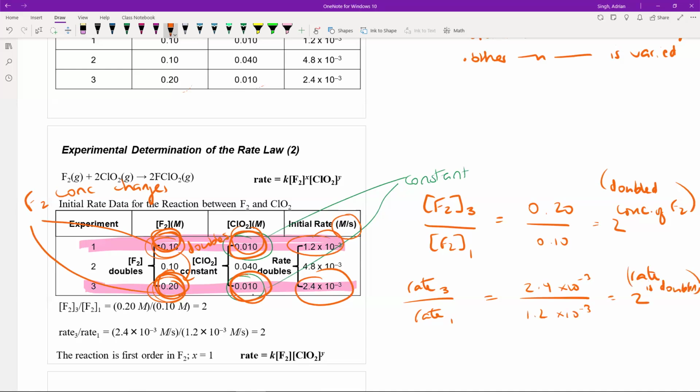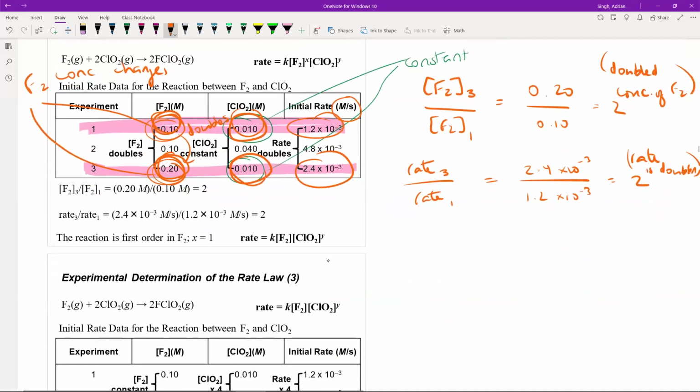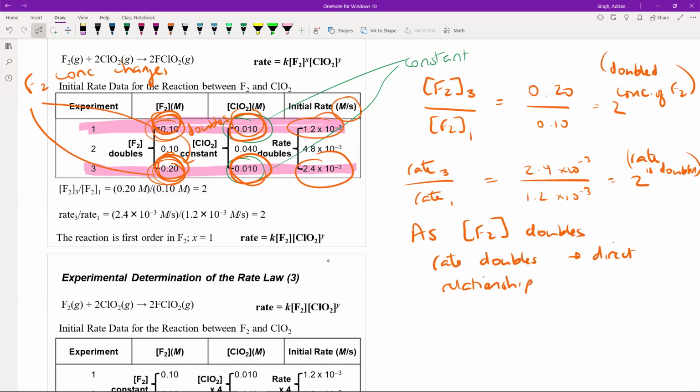So what does this mean? How do we interpret this? As the concentration of F2 doubles, the rate doubles as well. What that means is there's a direct, or directly proportional, relationship between the concentration of F2 and the rate.